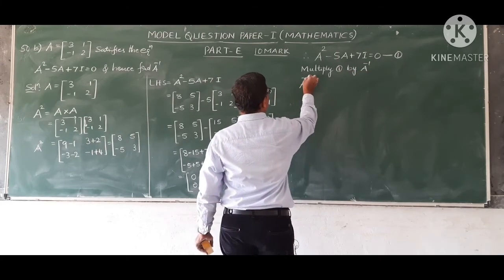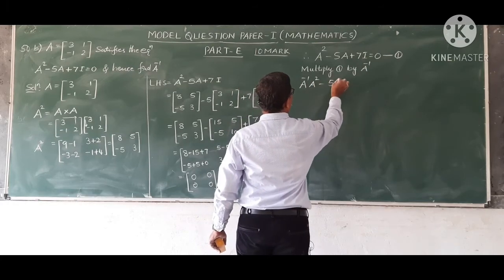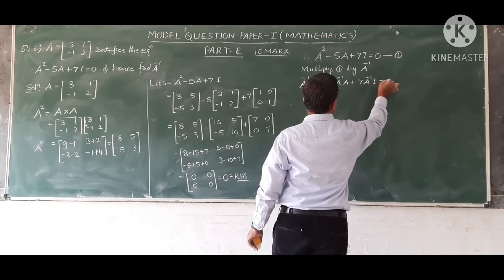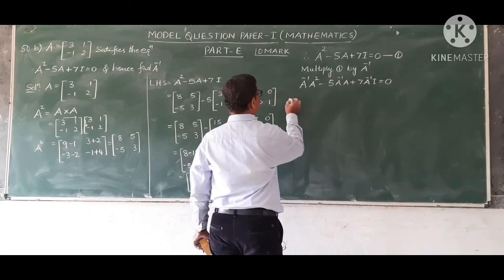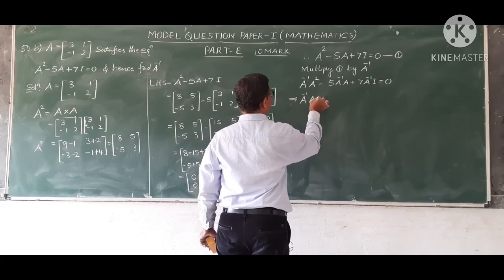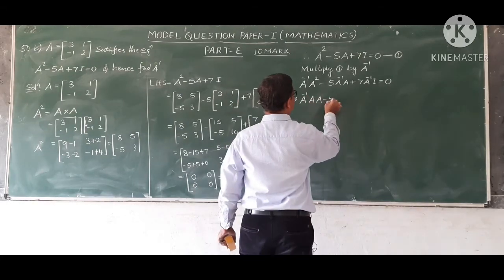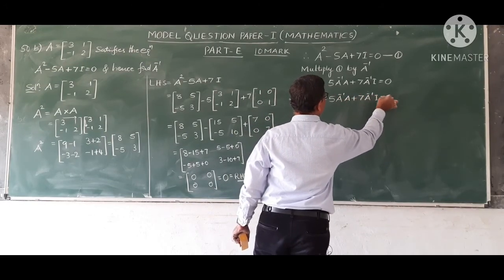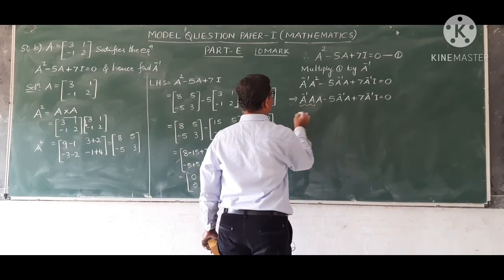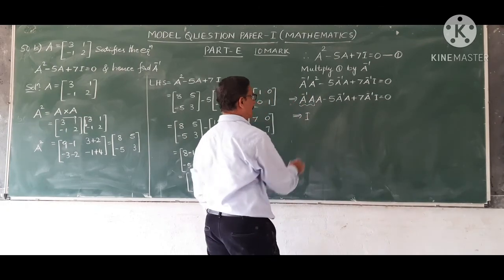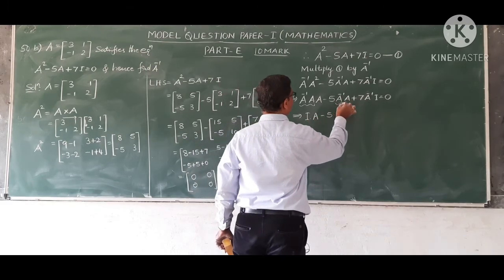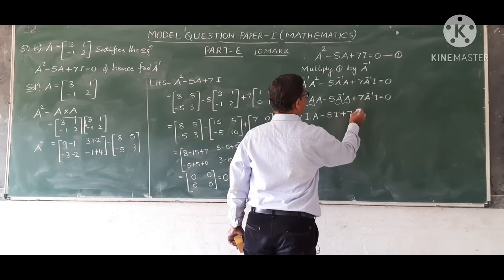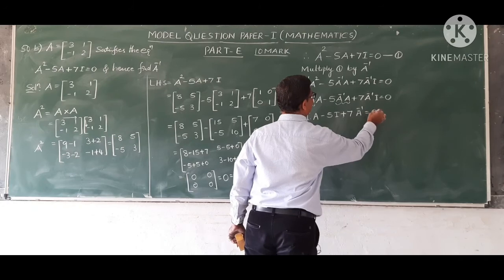See what happened? A inverse into A square minus 5 A inverse into A plus 7 A inverse into I is equal to A inverse into 0, which is 0. But A inverse into A square is the same as, we can write, A inverse A into A, right? Minus 5 A inverse into A plus 7 A inverse into I is equal to 0. But A inverse into A, using the inverse matrix, is I, so I into A minus 5 times A inverse A which is the identity matrix I, plus 7 A inverse into I, where I is the identity matrix.